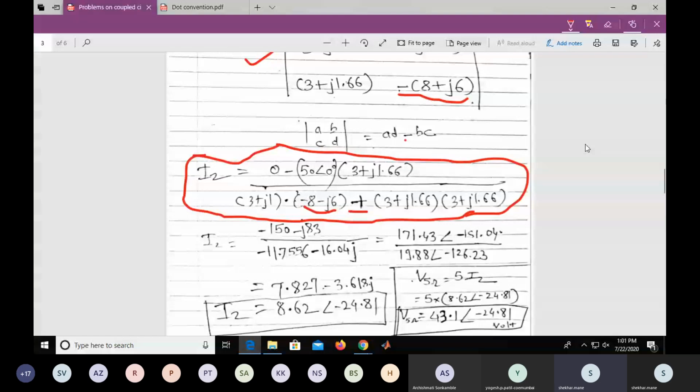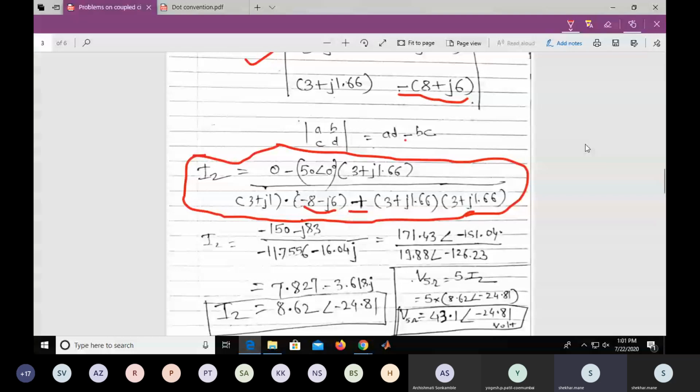If you are using fx-991ES, then you can directly substitute this. First, you have to use complex mode in your calculator and directly type the equation as it is. Then you will get the answer in rectangular form, and then you can directly write.